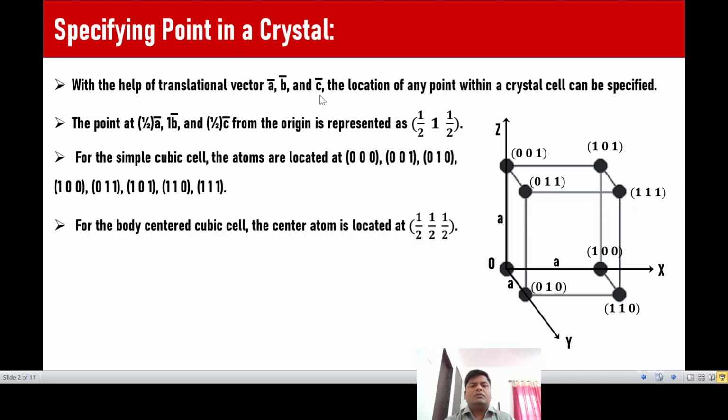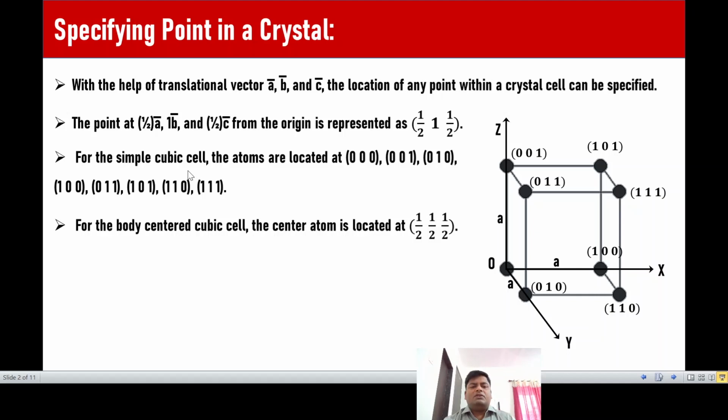Once we get the distances in terms of the translation vectors, the point is represented by 1/2, 1, 1/2, as its distance is 1/2 a bar, 1 b bar and 1/2 c bar. So the corresponding indices represent the point in a crystal, and these numbers must be enclosed in a circular bracket.